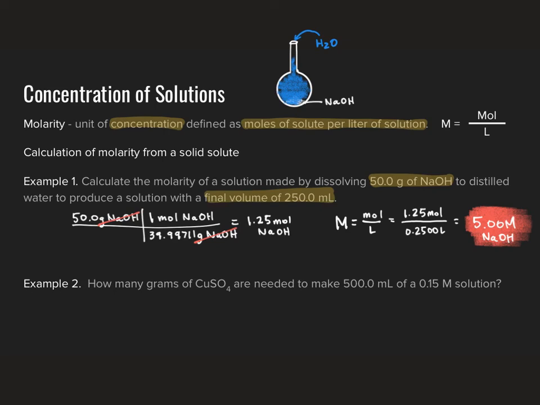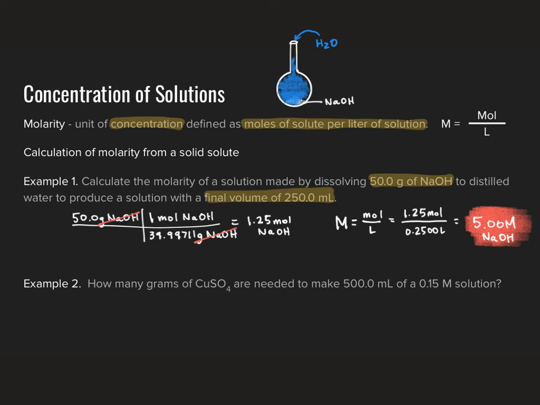solution of known volume. Example number 2 here is a little bit trickier, in which we're going to actually recognize that molarity, because it is a ratio, can be used as a conversion factor in stoichiometric calculations.